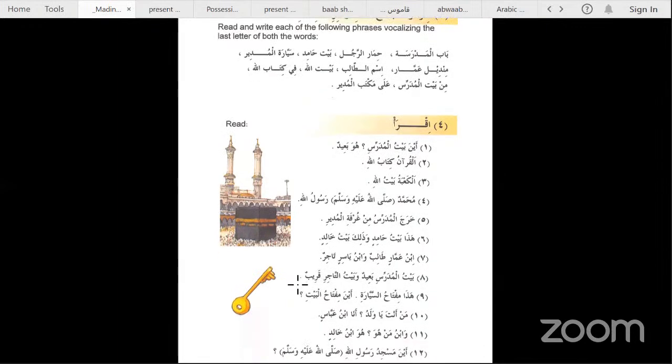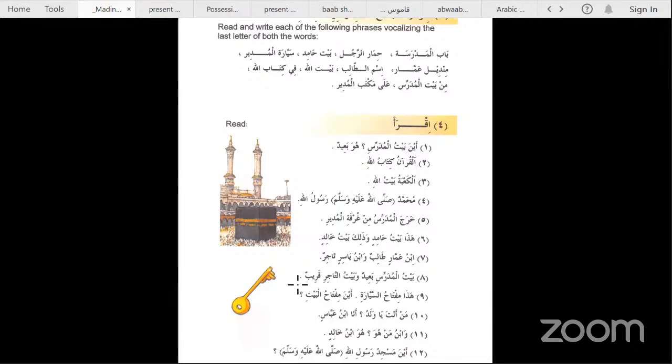Okay. أين بيت المدرس؟ Where is the house of the student? No, teacher. Where is the teacher's house? It is close. Al-Qur'anu kitabullahi. The Quran is the book of Allah. Al-Ka'batu baytullahi. The Kaaba is the house of Allah. Muhammadun sallallahu alayhi wasallam rasulullahi.